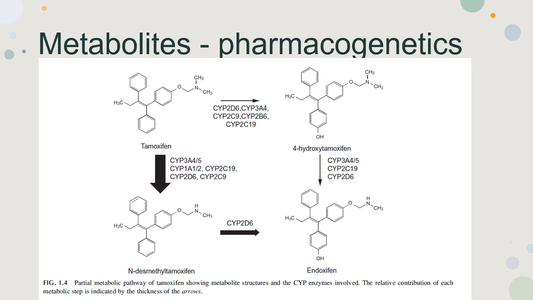But some people have, just like they have different eye color, different genes, different shapes of genes in their liver. So some people actually go through this smaller path, immediately to the right. So some people are going to have less production of the endoxifen, and they might actually just stay at this 4-hydroxytamoxifen, which means they're not going to get the benefit.